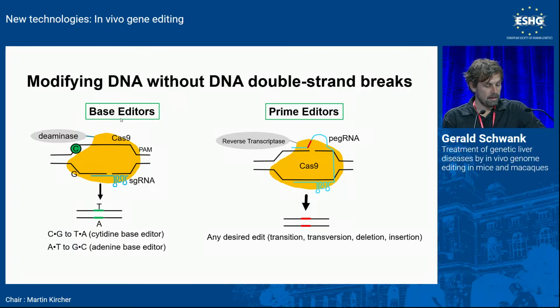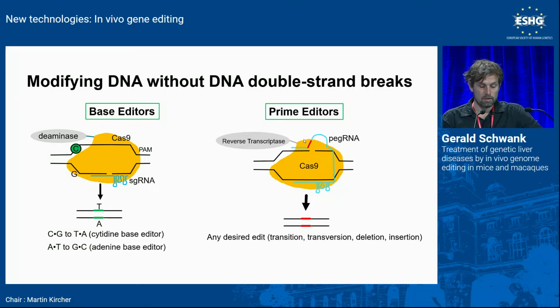On the one hand, there are base editors where a single-stranded DNA deaminase is fused to nuclease-impaired Cas9, and with this system, either cytidines can be converted into thymidine, so changing CG base pairs to TA base pairs, or with adenine base editors, adenine can be deaminated into guanine, changing AT base pairs to GC base pairs.